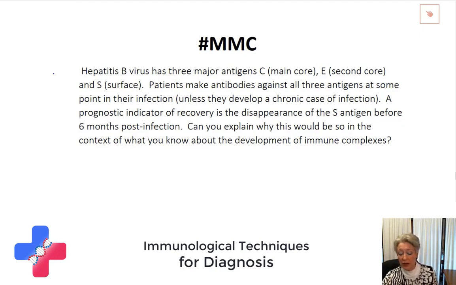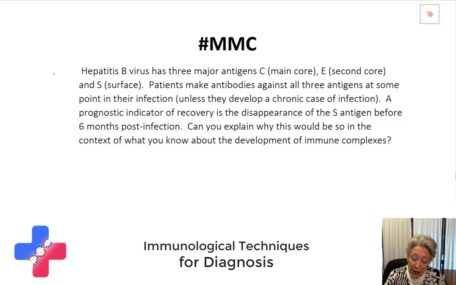Hepatitis B virus has three major antigens. C is the main core, E is the second core, and S is the surface. Patients make antibodies against all three antigens at some point in the course of hepatitis B infection. A prognostic indicator of recovery is the disappearance of the S antigen before 6 months post-infection.